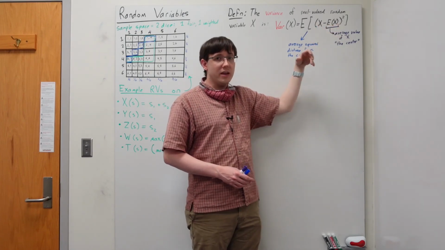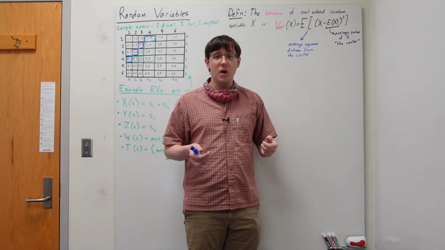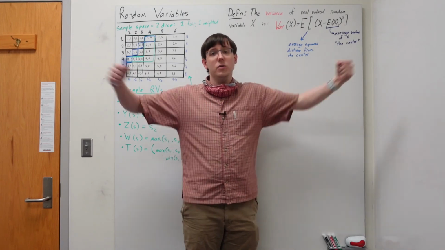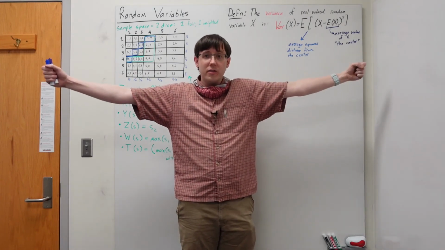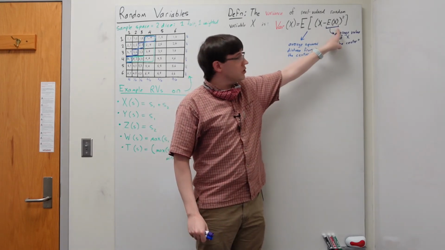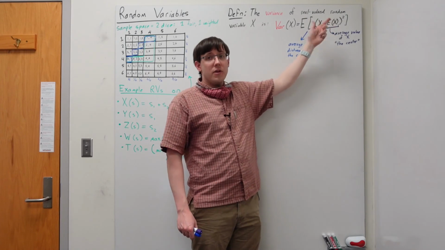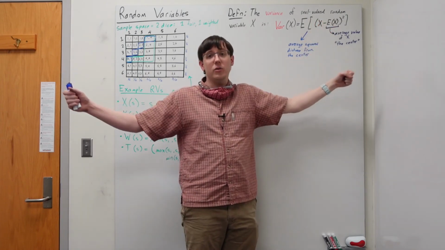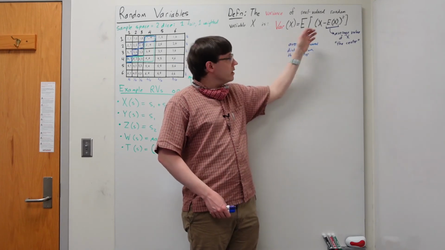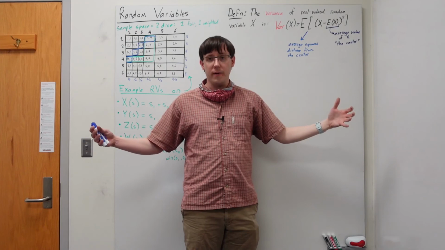And so when we take the average of the squared differences, we will get a small variance. But if some of the values are really spread out, then for those values, we will get a large difference from the center. And if those spread out values have high probability, then when we compute the average squared distance from the center, we will get a large variance.